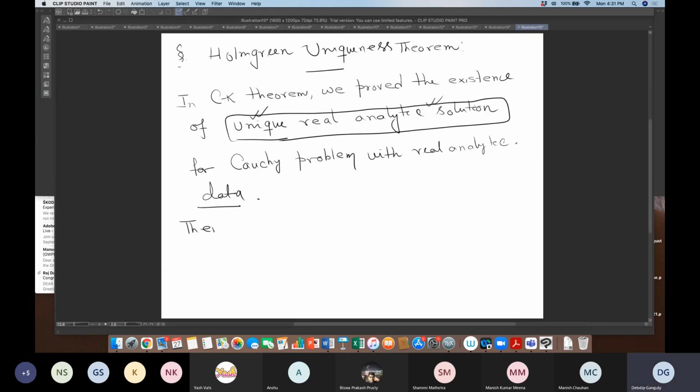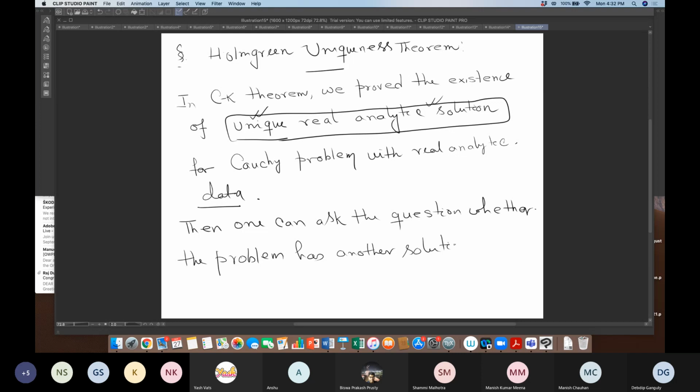Then one can ask whether the Cauchy problem has another solution which is differentiable up to the order of the equation. You know what that is, a classical solution of the order of the equation.